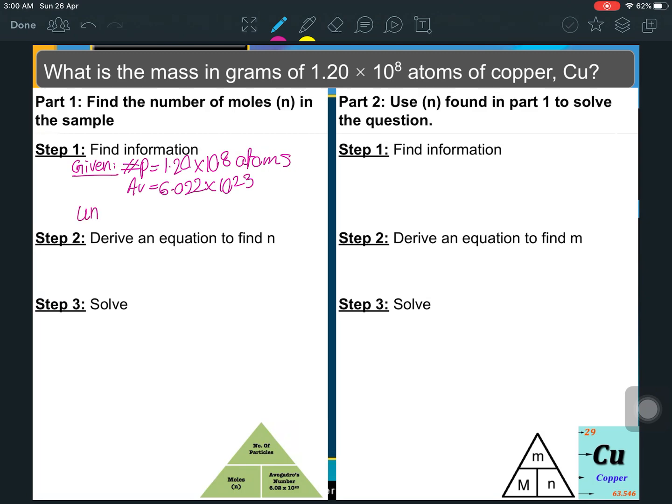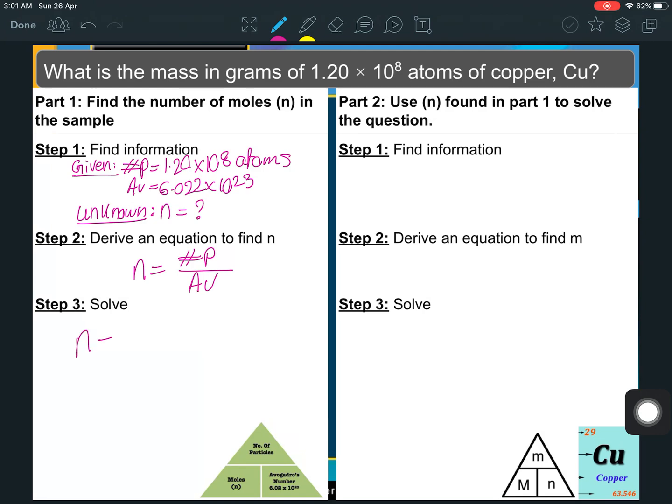And my unknown is my moles, right? So let's find moles. Moles are equal to number of particles divided by Avogadro's number. And you can get that from here. So moles equals number of particles over Avogadro's number, so we have to divide them.